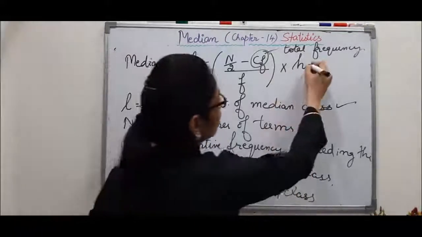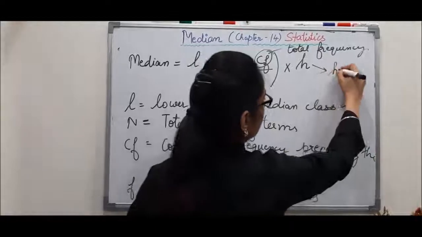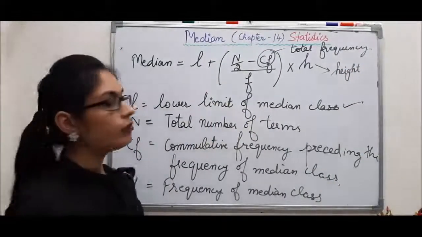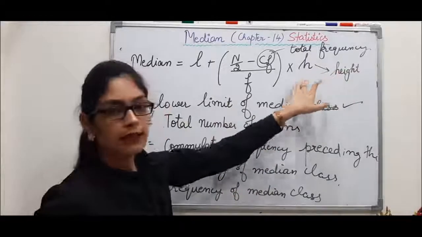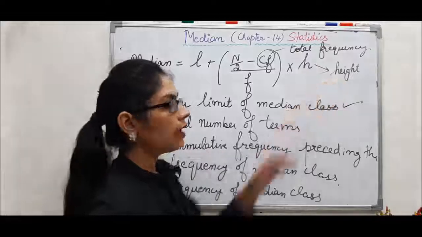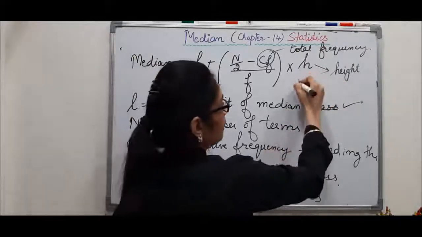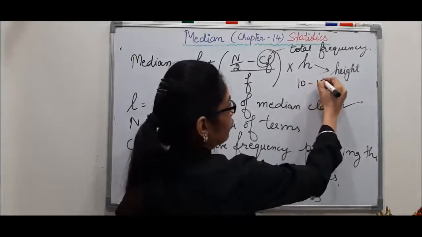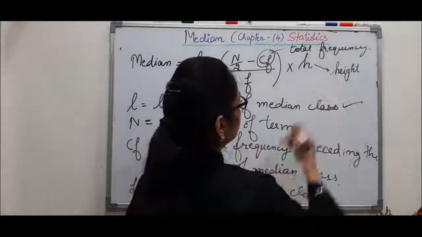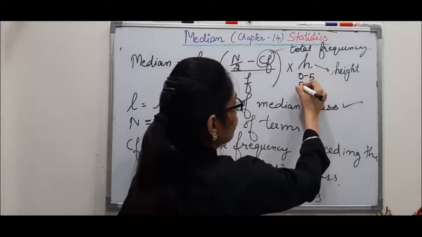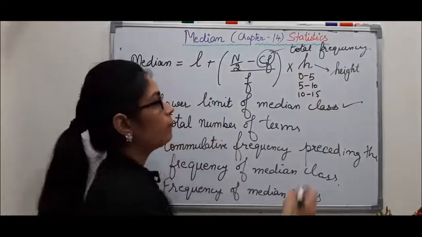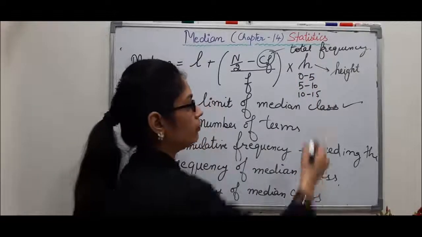And H is the height of the class interval, or difference of the class interval. It is the same as we have already done in mode also. For example, if the class intervals are 0 to 5, 5 to 10, 10 to 15, then height will be 5.